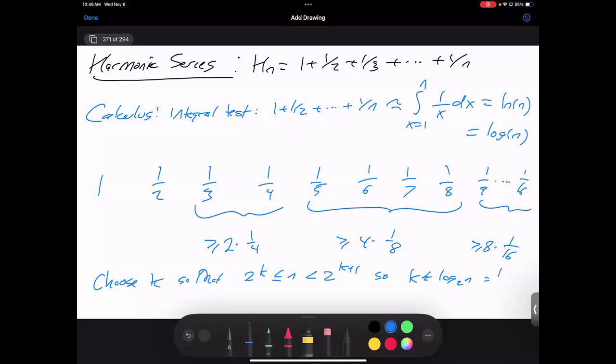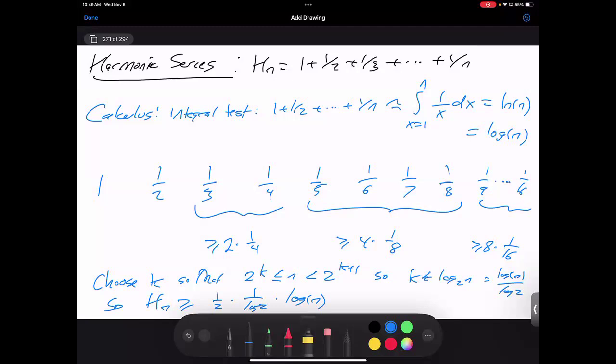Which is the log of n over the log of 2. So for the nth harmonic number, we have at least k groupings. Each of the k groupings gives at least 1/2. It's going to be at least 1/2 times 1 over log 2 times the log of n. And this gives us a lower bound of some constant times log of n.